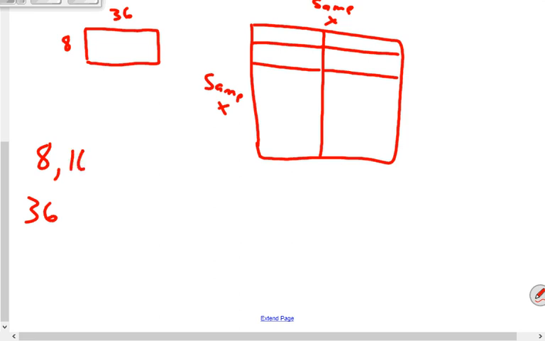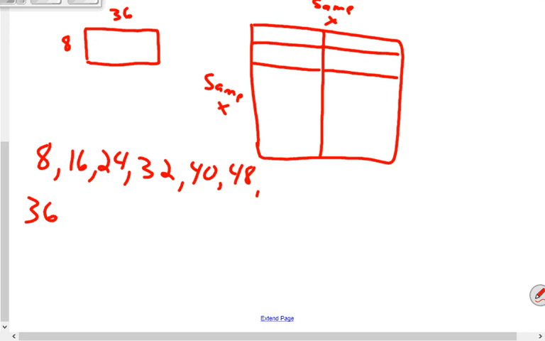So 8, 16, 24, 32, there it is, 40, 48. Now I'm guessing because these numbers are small, like 8's a small number compared to 36, I'm going to have to write out a lot, okay?